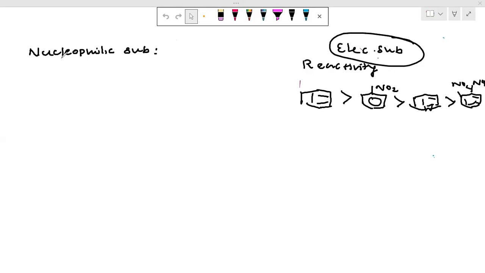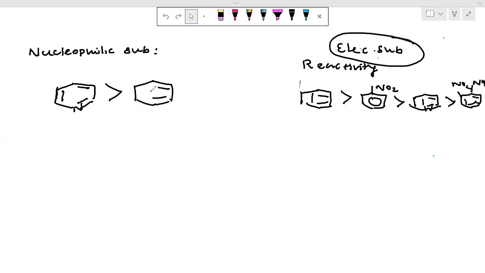Now, in nucleophilic substitution, compared with benzene, pyridine is more reactive towards nucleophilic substitution. In the case of pyridine, the reaction is more reactive than benzene.